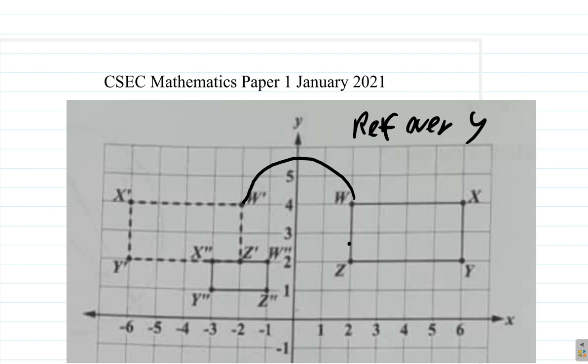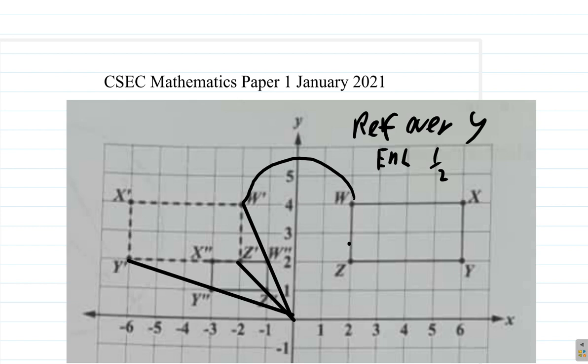let me see now. If I draw a line here through W, then Z, and then Y, you have a reduction. Well, it's an enlargement with a scale factor half.